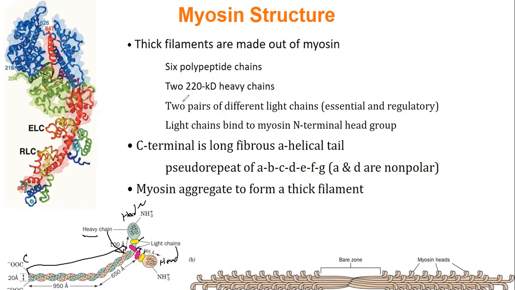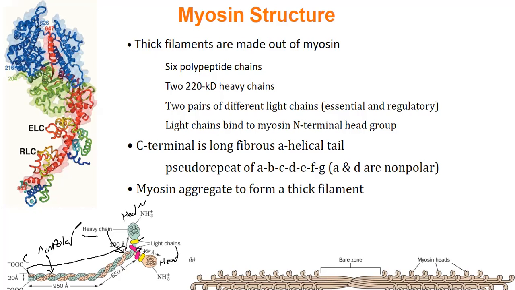So A, B, C, D, E, F, G are just positions. A and D would be nonpolar. And remember, it's the nonpolar areas that are making these proteins stick together, right? Because the hydrophobic effect pushes nonpolar amino acids together. So to have this winding, have this interaction, you want these nonpolar amino acids to come together.